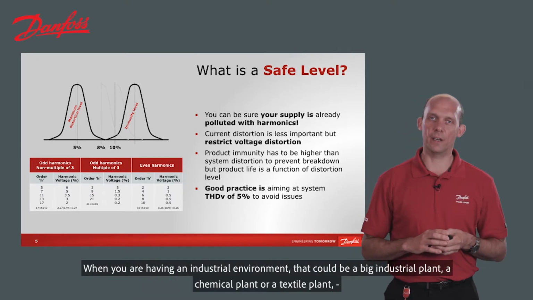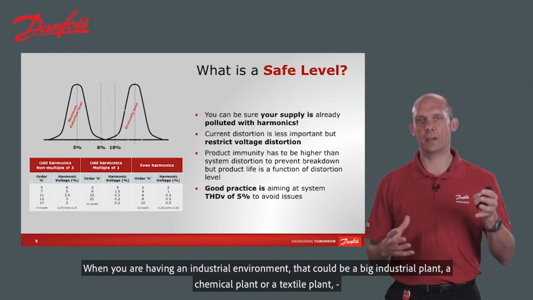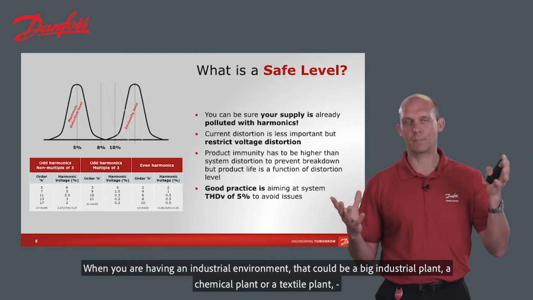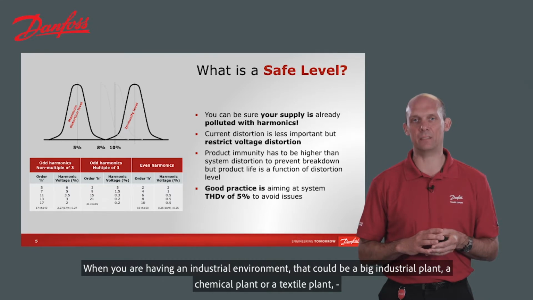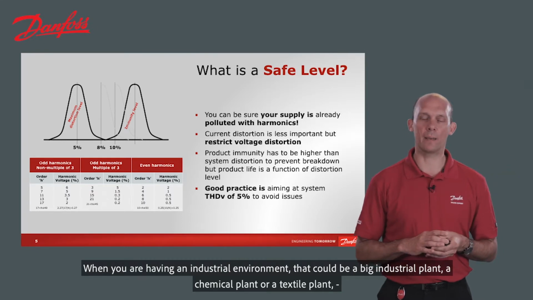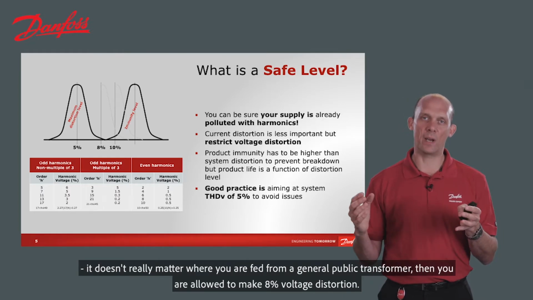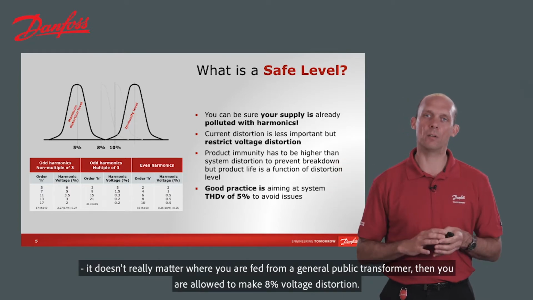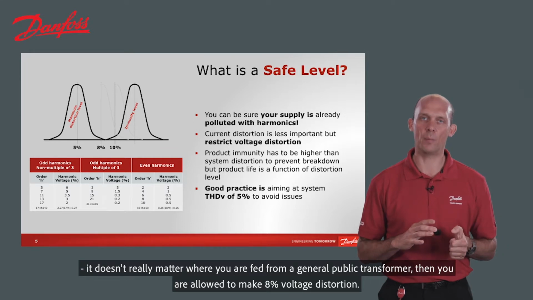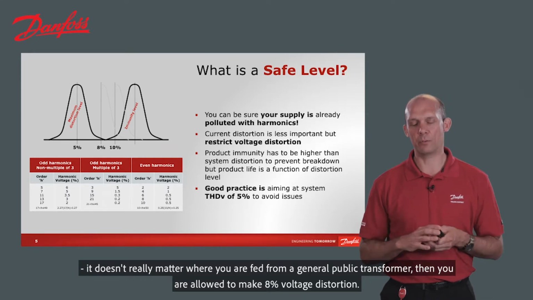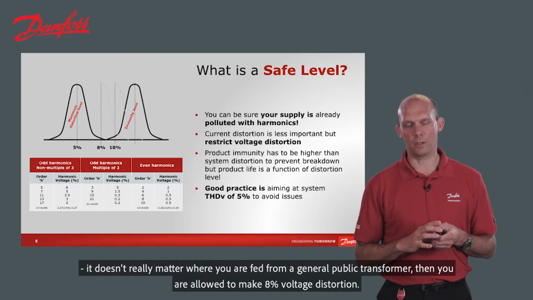When you are in an industrial environment, that could be a big industrial plant, a chemical plant or a textile plant, it doesn't really matter, where you are fed from a general public transformer, then you are allowed to make 8% voltage distortion.